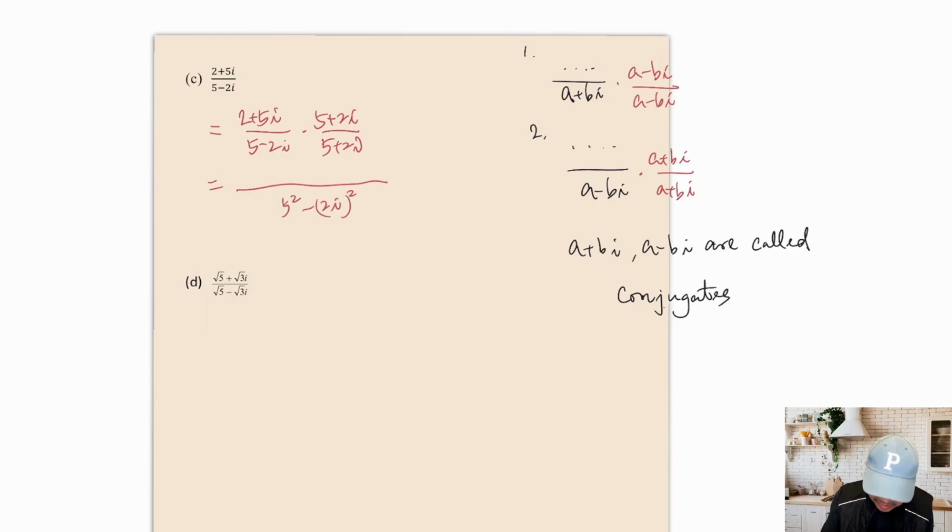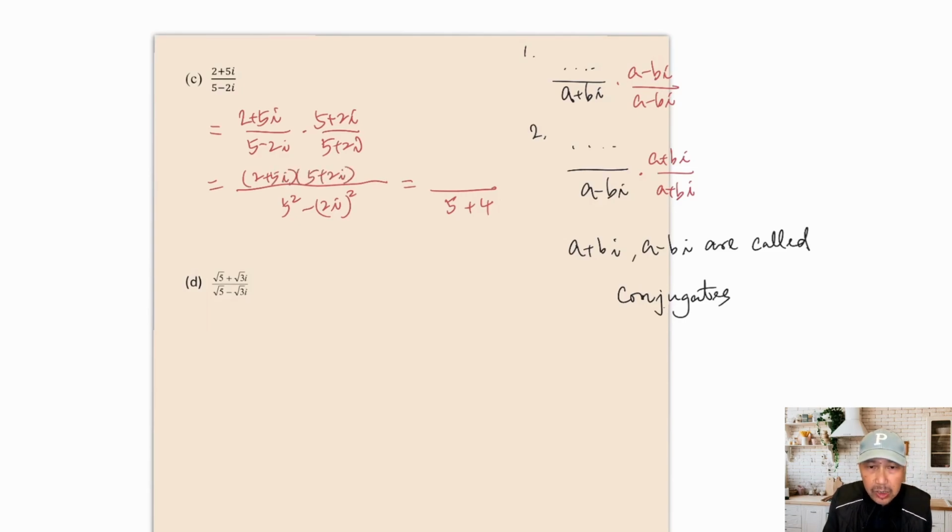Okay, so the denominator will become 5 squared minus 4i squared. i squared is equal to negative 1, so it is equal to 25 plus 4. Okay, so you see that the denominator becomes a real number. Now we multiply the numerator: 2 plus 5i times 5 plus 2i.